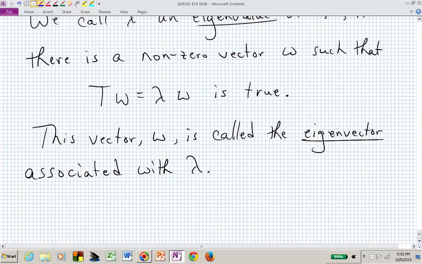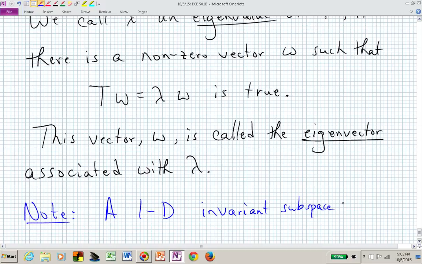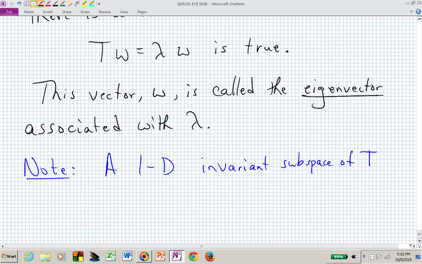Another way of thinking of that is, a 1D invariant subspace of this linear map T only exists under what condition?